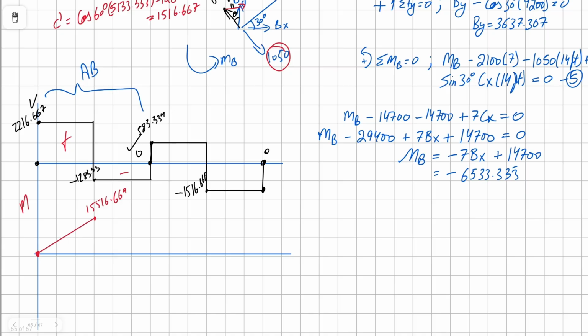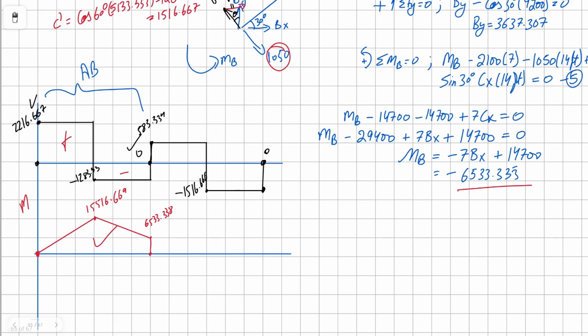And then we have this negative area, which is going to be negative 1283.333 times 7 gives us negative 8983.331, take away 1516, we get down to 6533.338, first order curve.